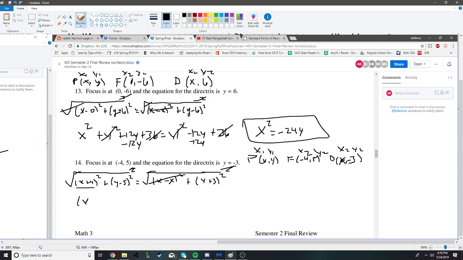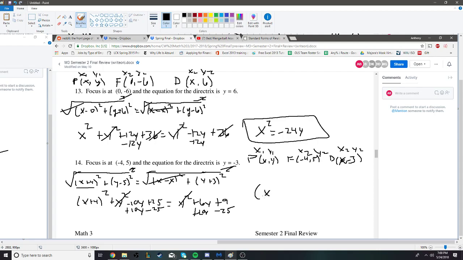So we have x plus 4 squared plus y squared minus 10y plus 25 equals, FOIL that out, y squared plus 6y plus 9. Y squareds on both sides cancel. Get the x squared by itself, so we're going to add 10y to both sides, subtract 25.